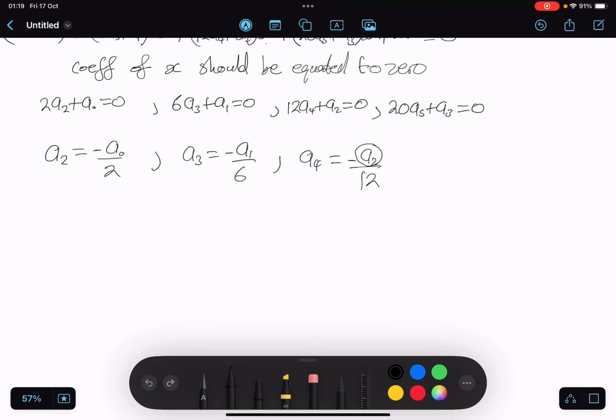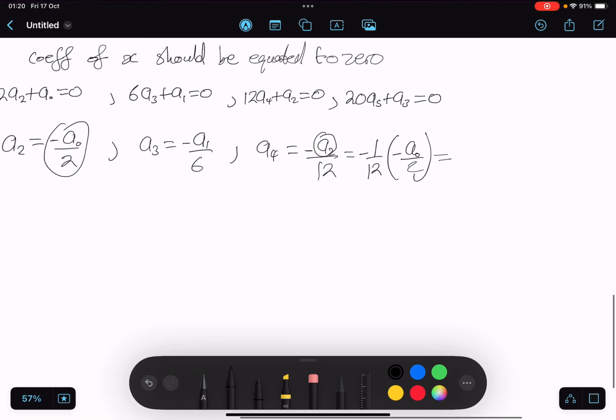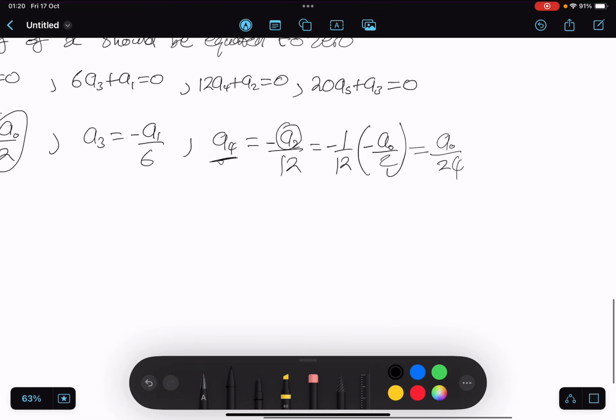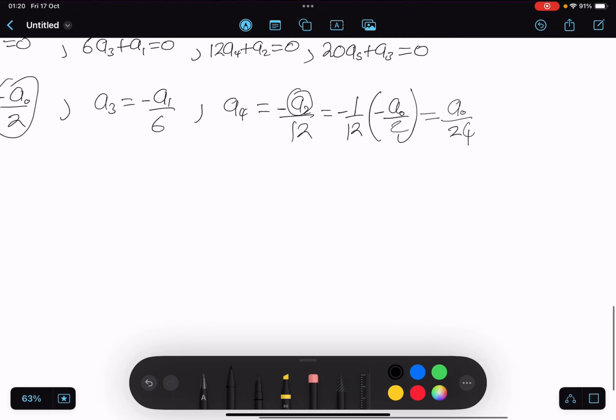So we can simplify this to be minus 1 over 12 times a2, which is minus a0 over 2. Then this simplifies to a0 over 24. This means a4 is equal to a0 over 24, right?